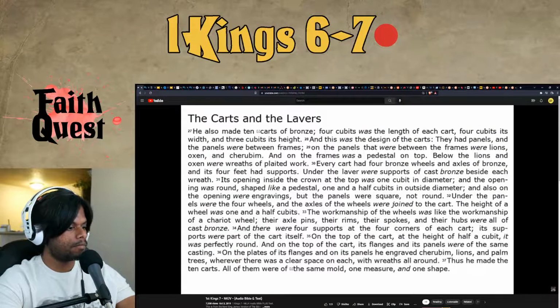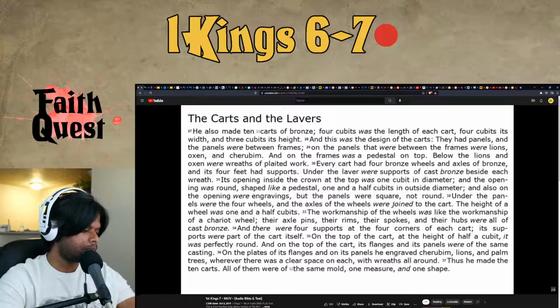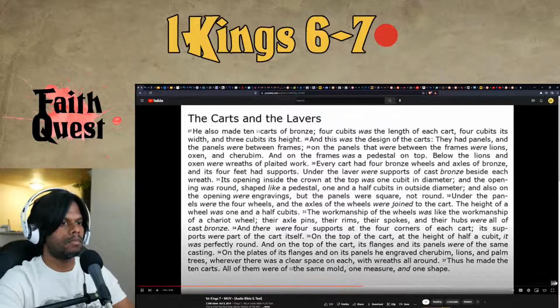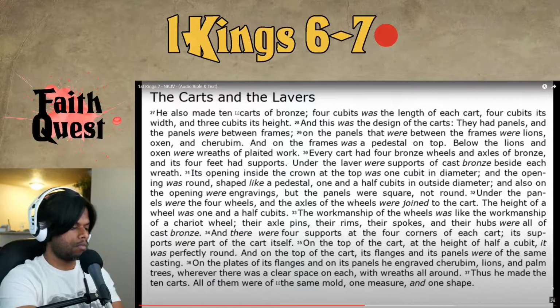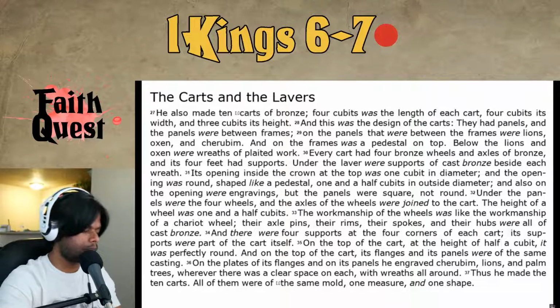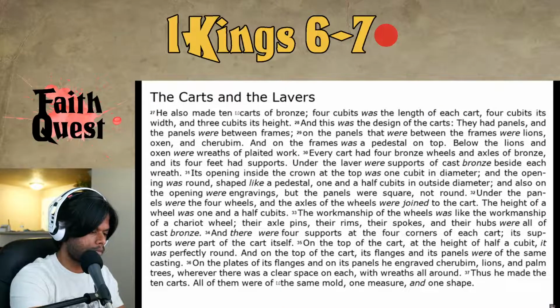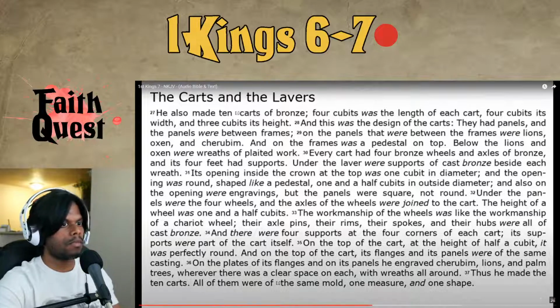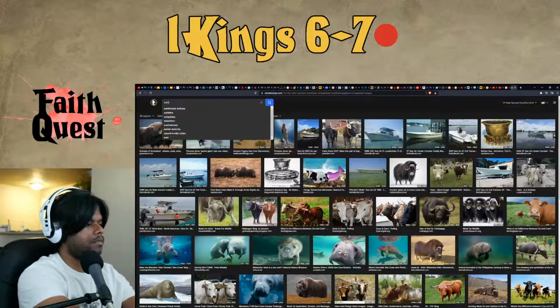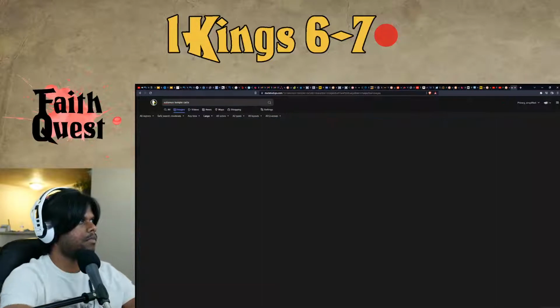4 cubits was the length of each cart, 4 cubits its width, and 3 cubits its height. And this was the design of the carts. They had panels, and the panels were between frames. On the panels that were between the frames were lions, oxen, and cherubim. And on the frames was a pedestal on top. Below the lions and oxen were wreaths of plated work.